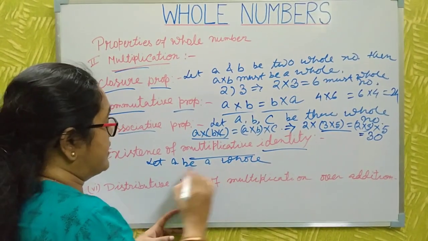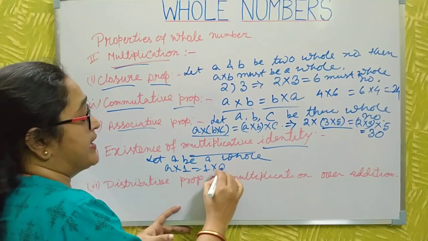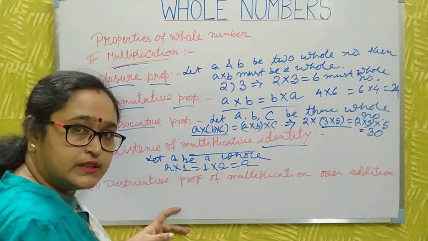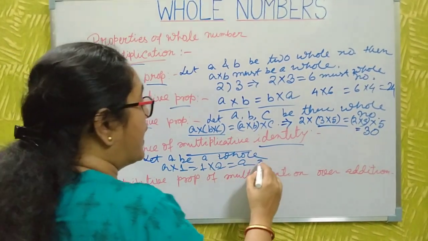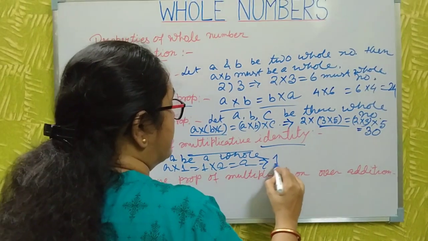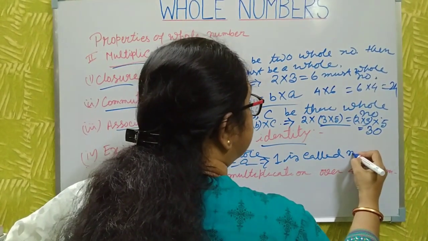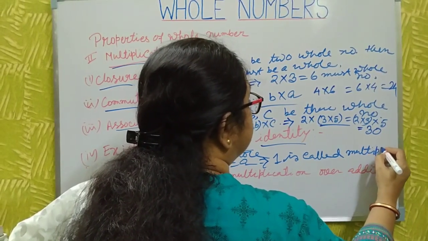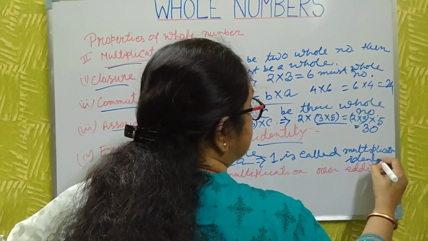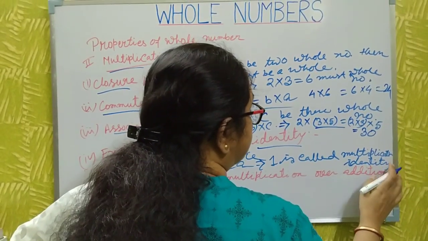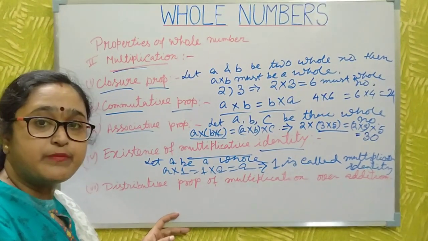Now, if you multiply it by 1, 1 into A, the A is the same. The whole number is the same. Then that implies 1 is called the multiplicative identity. This is called the multiplicative identity. 1 is called the multiplicative identity.